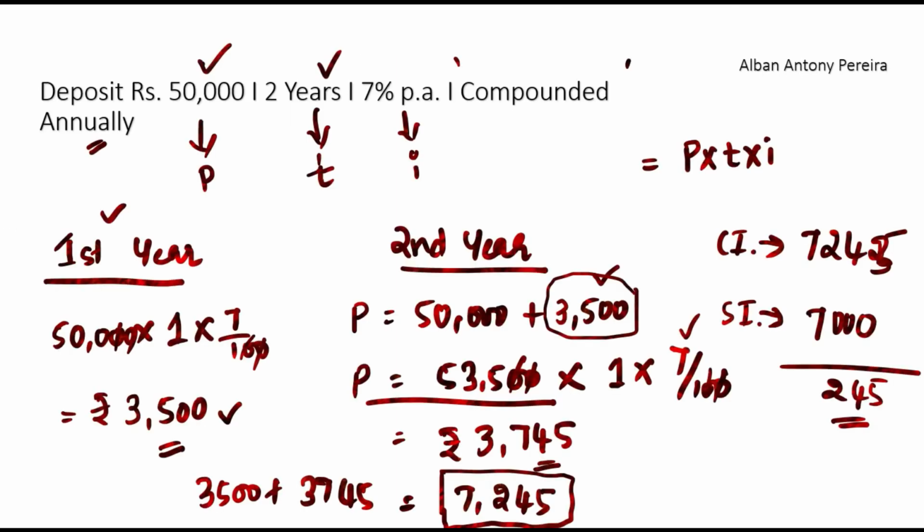Now you might be wondering, where does this conversion period come in the question given for compound interest calculation? So let me take you to the previous question, right? Deposit rupees 50,000, time is 2 years, interest rate is 7% per annum, compounded annually. So here it is mentioned compounded annually. Compounded annually means calculation is on yearly basis.